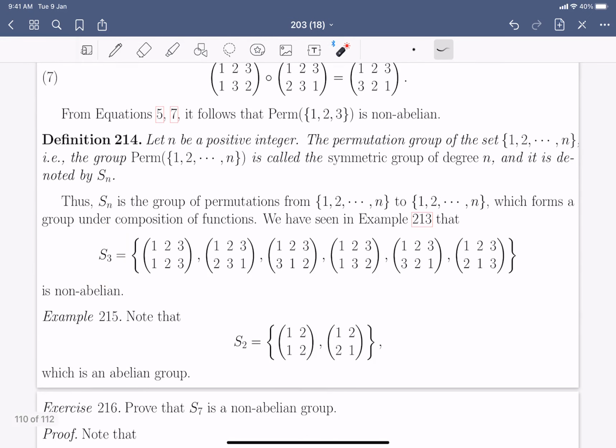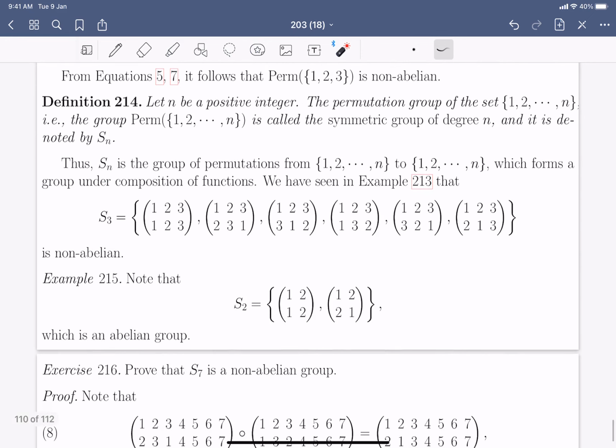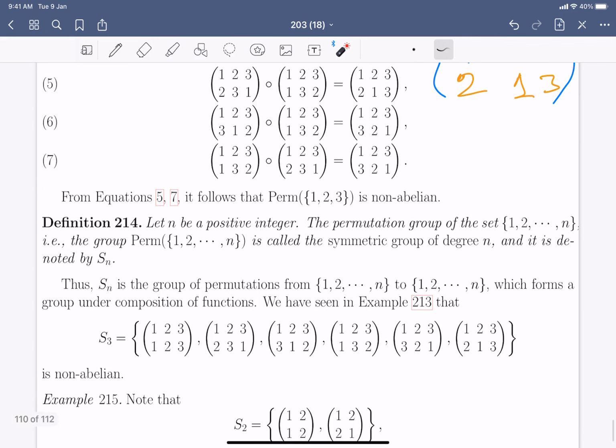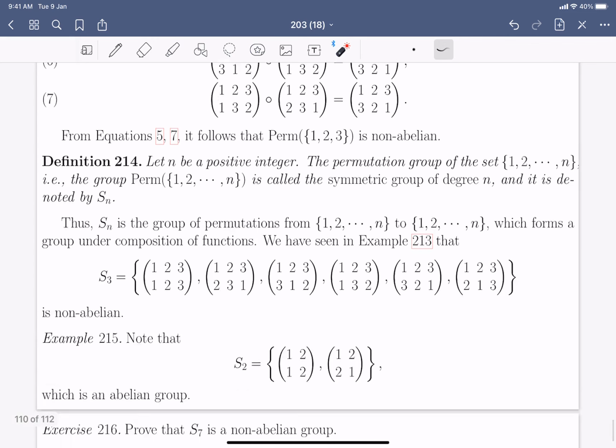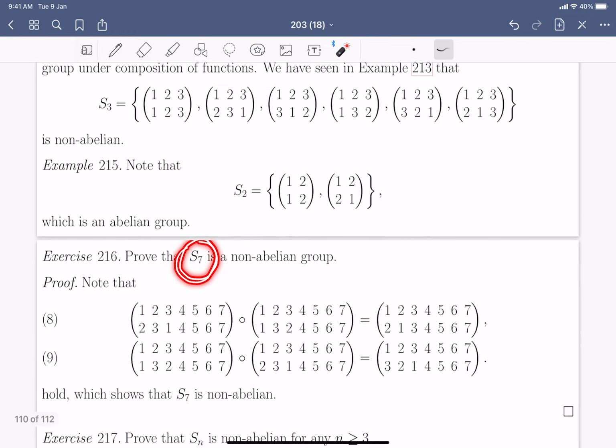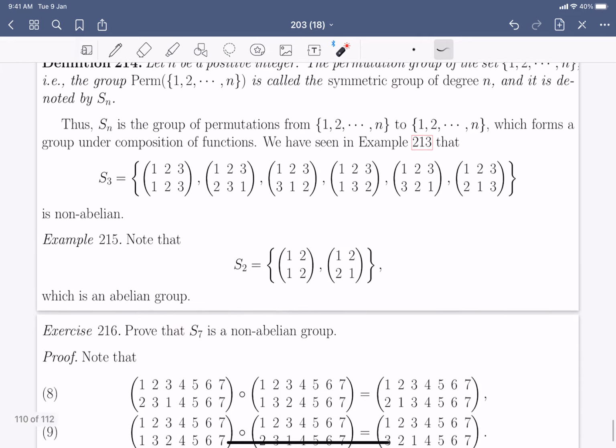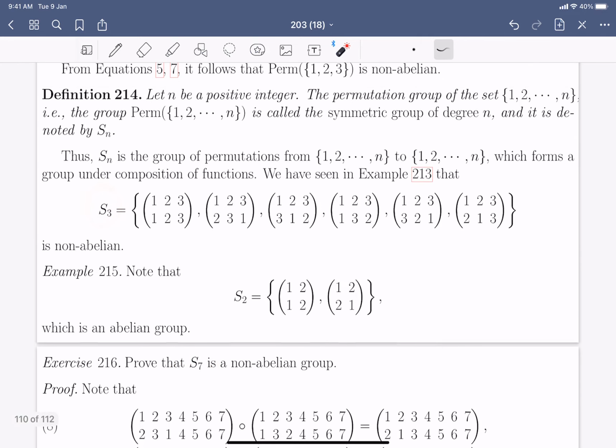You'll get to see more instances of this kind of situation, where to solve a problem for Sn for some large value of n, or maybe for general n, we first work out certain smaller or elementary instances. That is, we work on Sn for some small values of n.